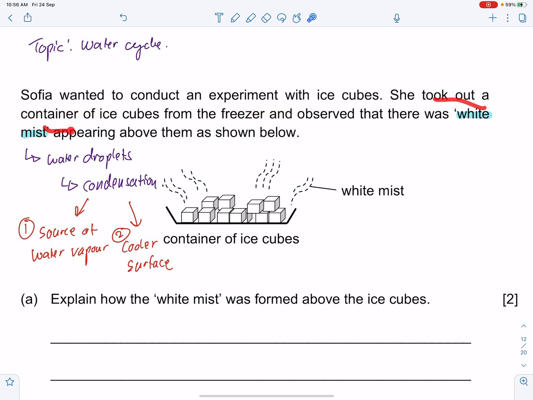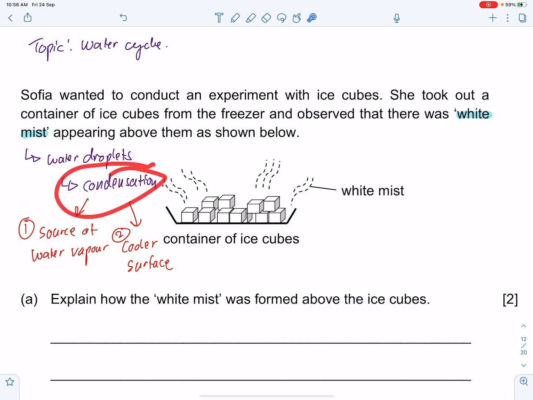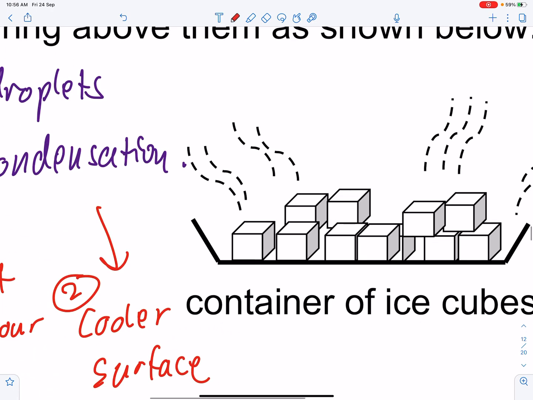She took out a container of ice cubes from the freezer and observed there was white mist appearing above them as shown. Explain how the white mist was formed above the ice cube. So remember, you need to answer these two questions and you know that condensation happened. Now, the white mist is actually water droplets that are formed over here. It's in the air.